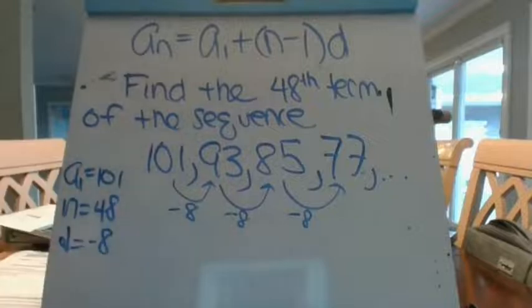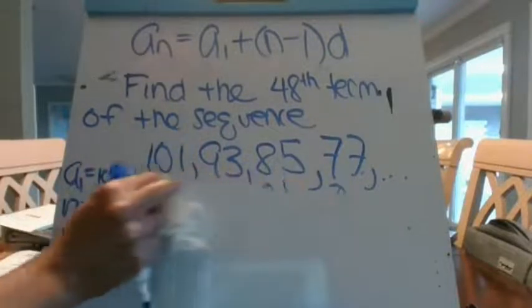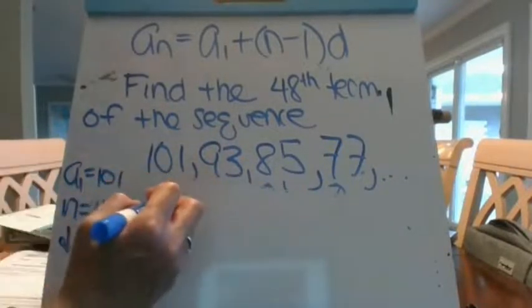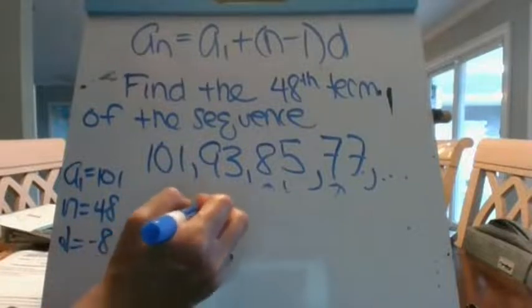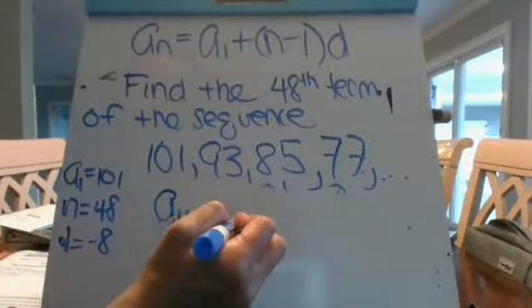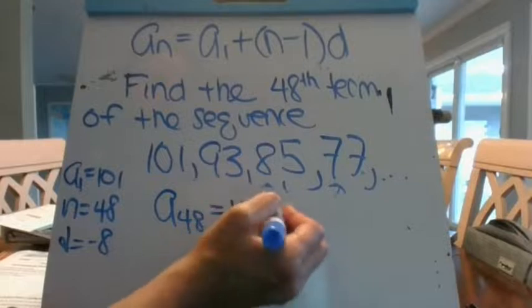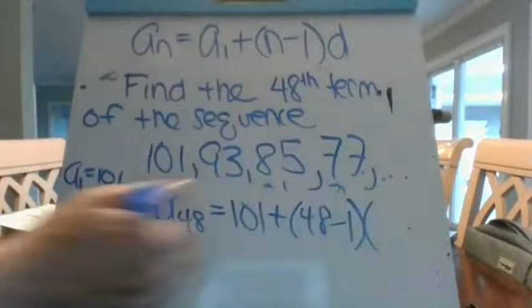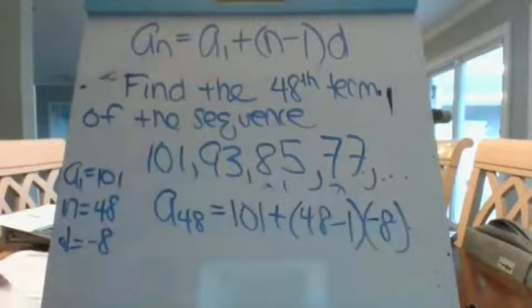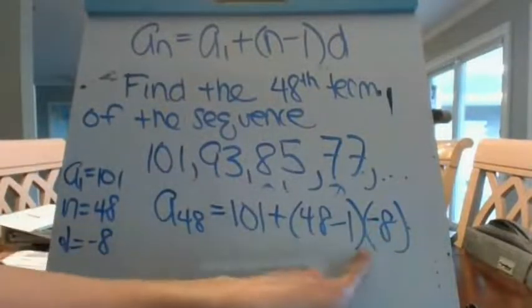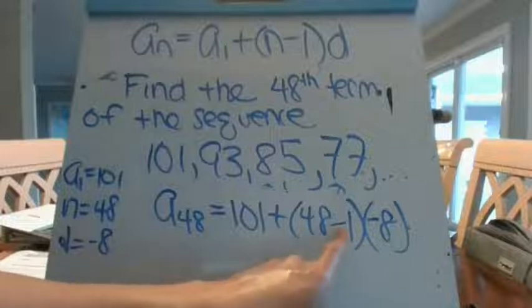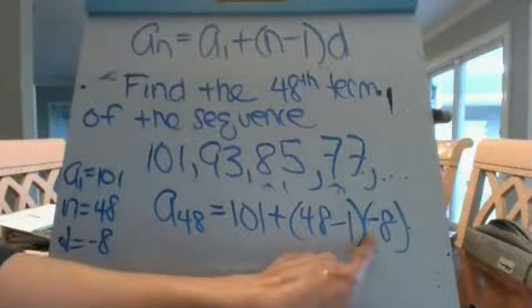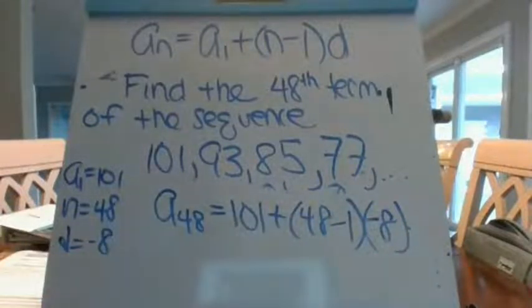All right, so let's plug that into the formula, and then we'll grab the 48th term. So my 48th term is equal to 101 plus 48 minus 1 times my common difference, which is negative 8. Now, be careful. When the difference is negative, don't make it look like subtraction. This is still 48 minus 1 times negative 8.